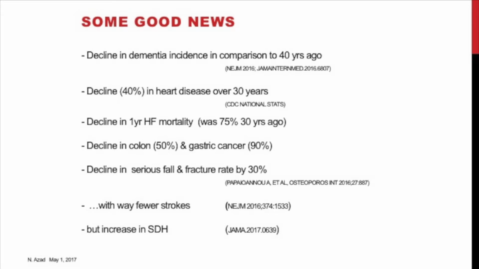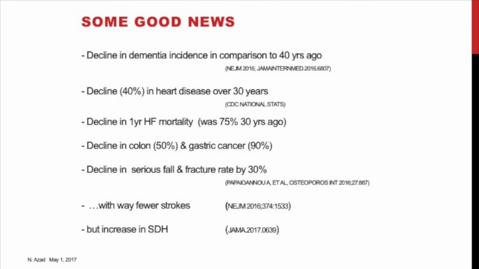It seems that something is happening out there that over the last 20, 30 years has impacted the decline of some of these chronic conditions. For example, we had data on the tsunami of dementia, which is true; dementia is a big problem in the geriatric population.